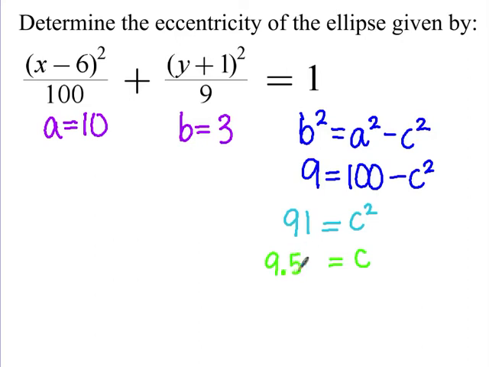Oh, that's good. 5 what? 4. So now the eccentricity is defined as C over A. So in this case it'll be 9.54 divided by 10. Okay, C over A. So E equals 0.954. Good job.